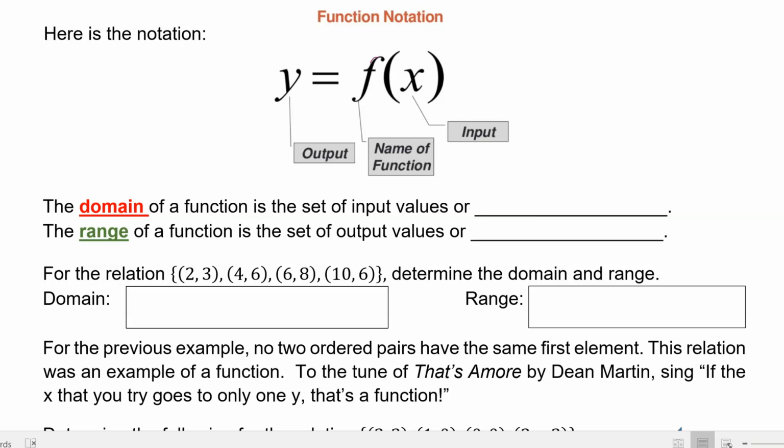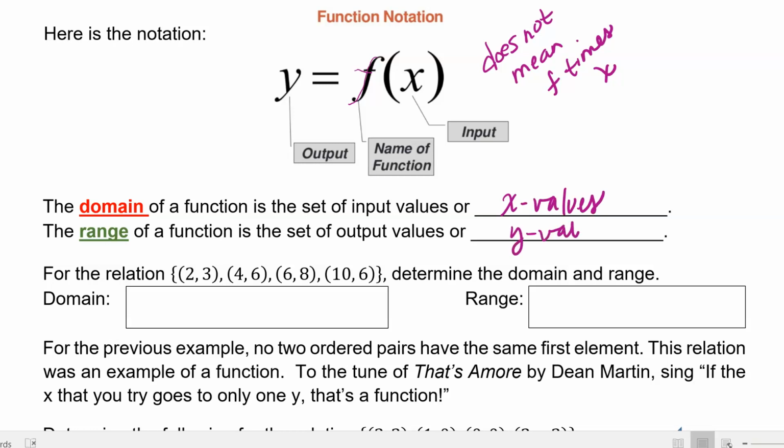And this f notation does not mean f times x. It's just notation for a function. The domain of a function is the set of input values or x values, and the range of a function is the set of output values or y values.